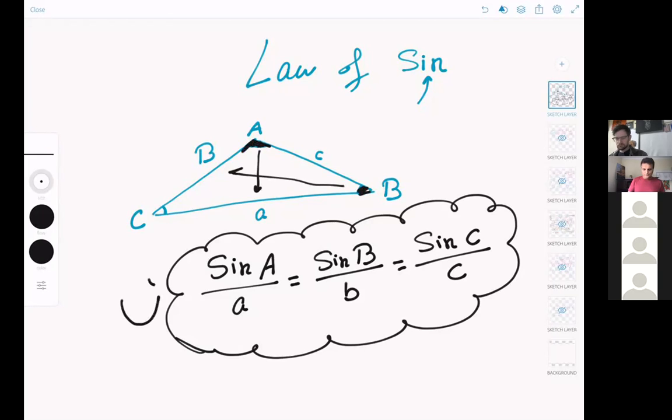It has an easy proof as well. This is a sine. SpongeBob. Good. So now we have a formula. Let's see if we can use this formula.